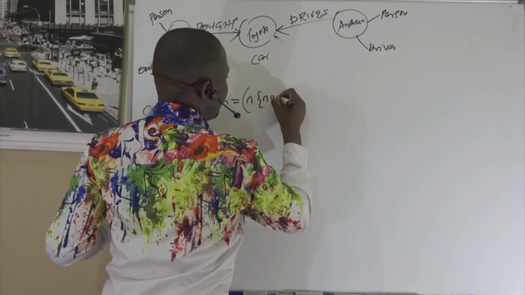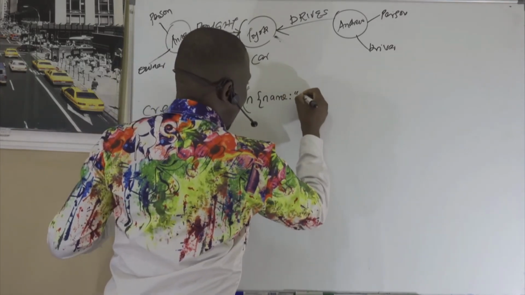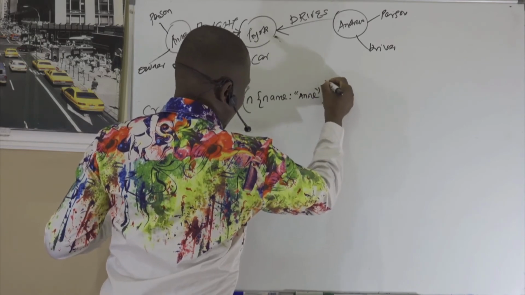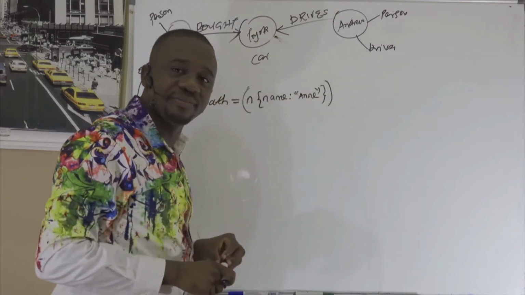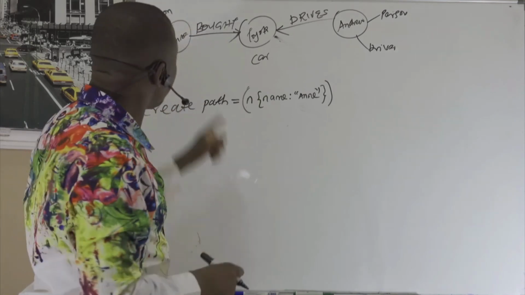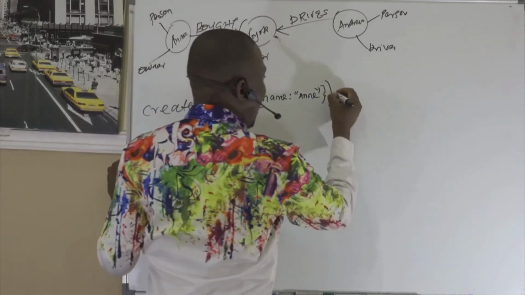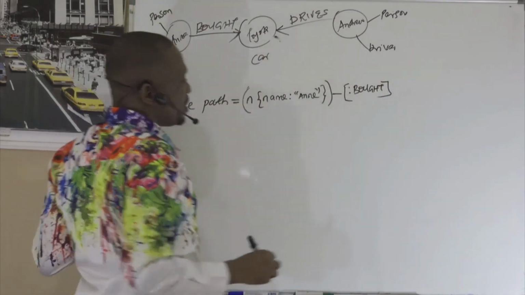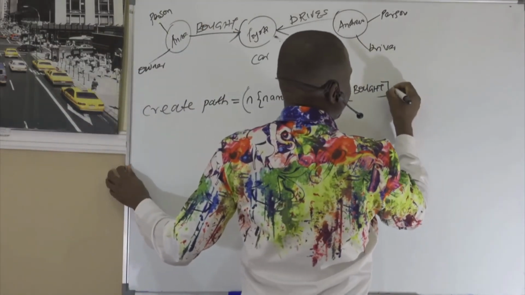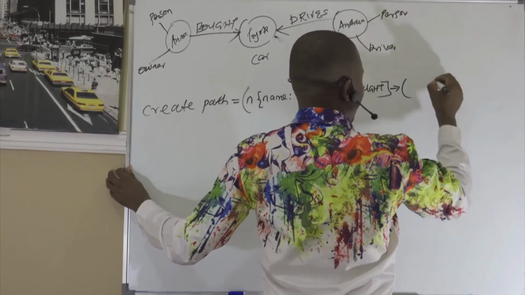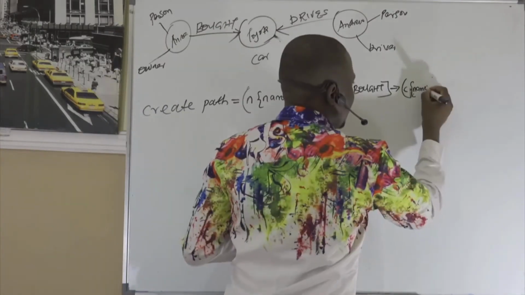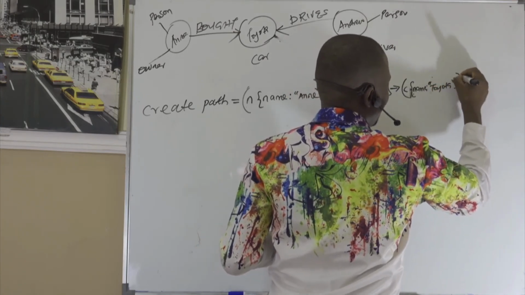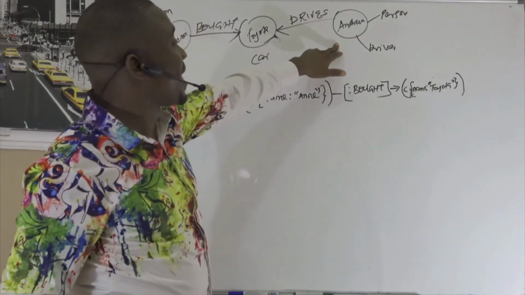Name equals to N. I close this. Anne is going, bought. And bought what? A car, which is called what? Toyota. Name: Toyota. Then I close this. Then I close this.